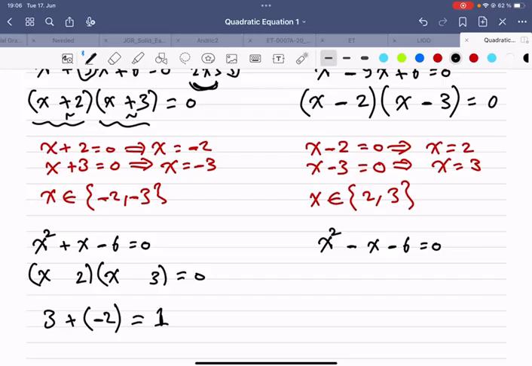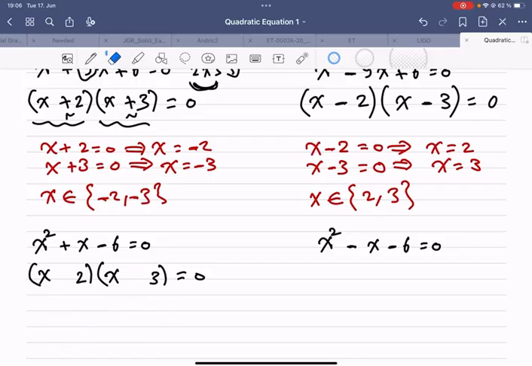Why? Because you add two numbers which have different signs, so the sign of the answer will be the sign of the biggest one, and you do subtraction. So this is the idea. Now we have 2 and 3.